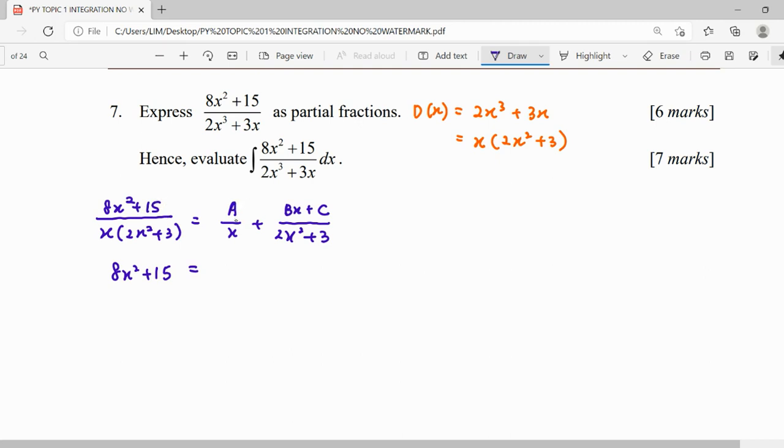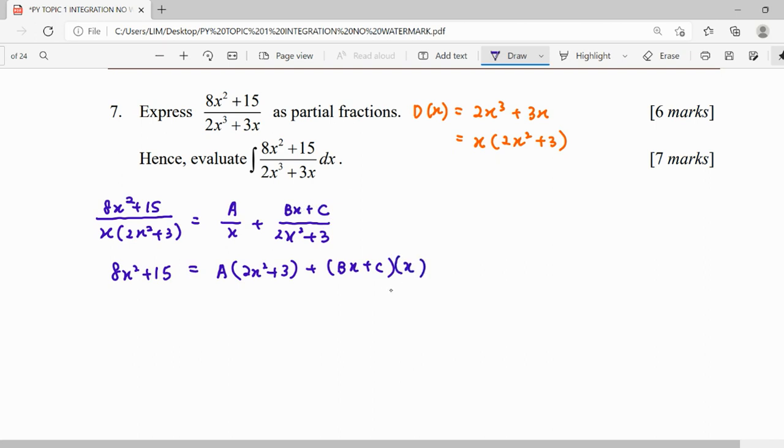This A will be multiplied by the factor that it doesn't have. You can see the factor underneath is x, so the factor it doesn't have is 2x squared plus 3. Meanwhile for this, remember to put in brackets because we have two terms here, Bx plus C, otherwise we will be confused.